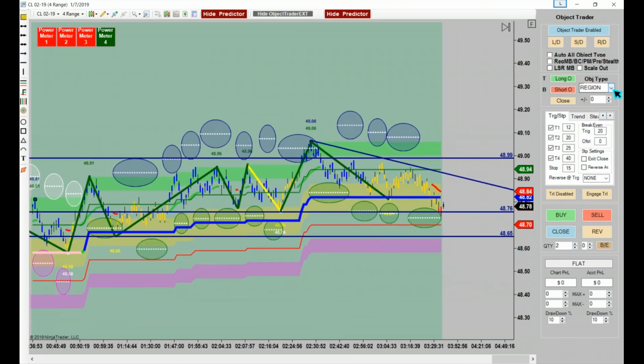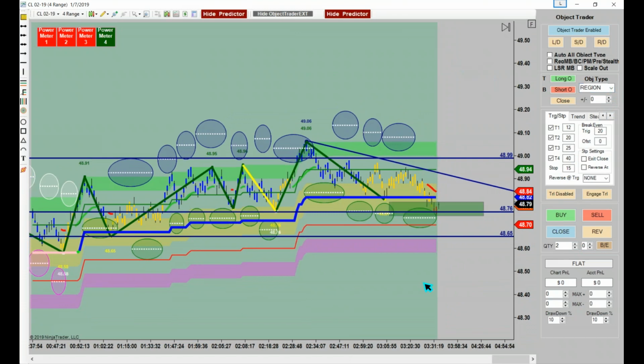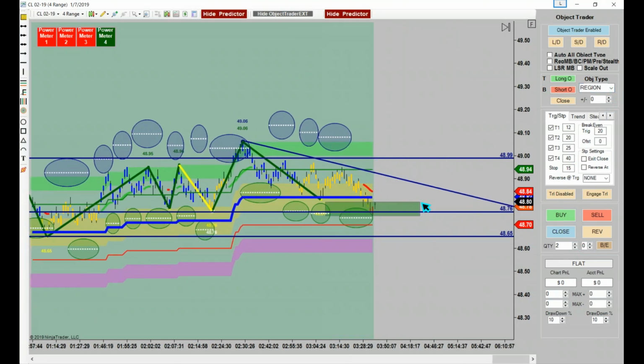And let's go ahead and set a region up. We could do a region. And I'll go ahead and get it out of the way for right now. Pretty much there's resistance right there too. Because see, so far we're still heading down. There's not really a reason to jump in this just yet. Now that did bounce off this support. So if you took that, for instance, but I forgot to turn that on, that's okay.